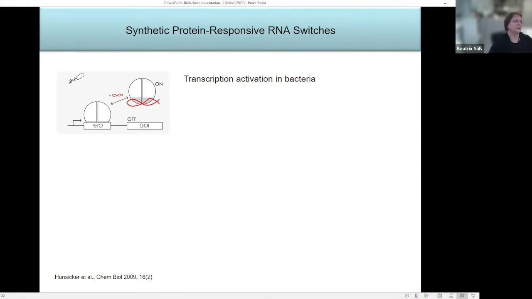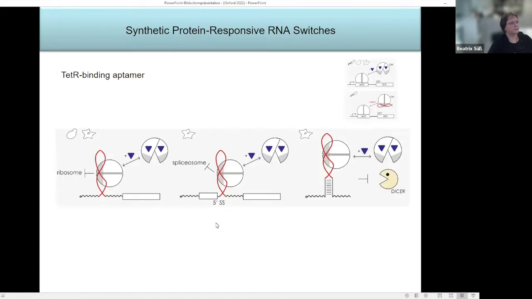and then we thought, okay, in principle, it's a cool device, and what else can we do with this? How can we apply this aptamer for other gene regulatory purposes? And then here it's finally a summary of what we did with this little guy.